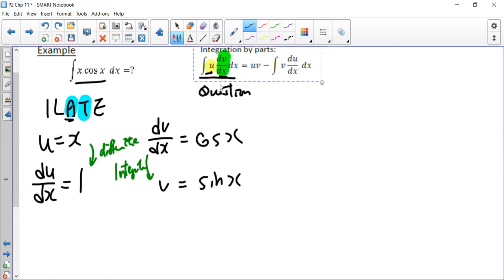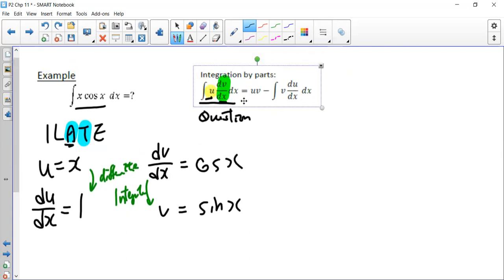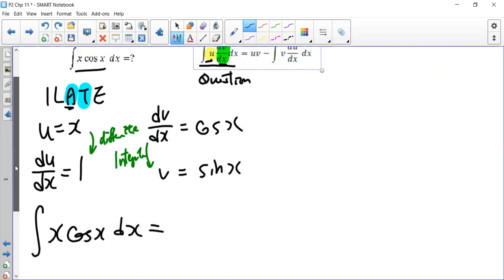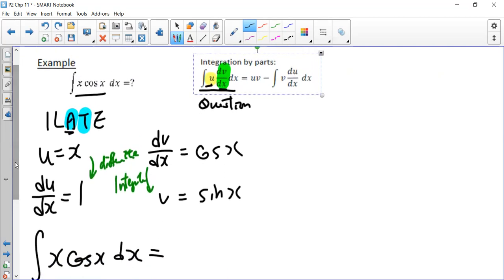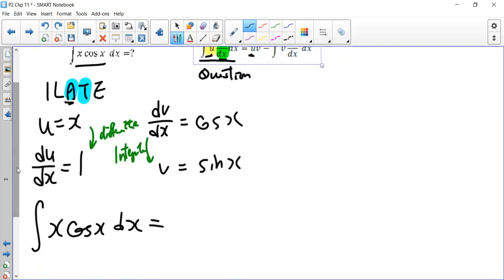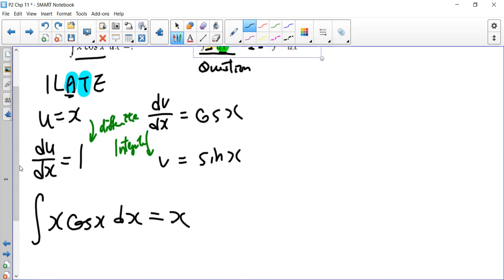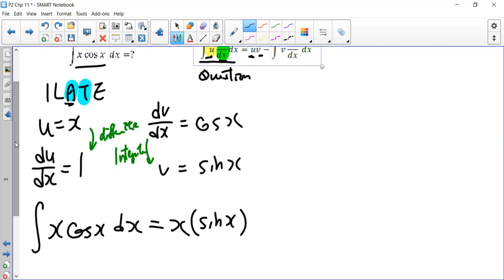The formula is the integral of u dv by dx, which is the left-hand side, the question. So the question is the integral of x cos x dx equals, now let's follow the formula on the right-hand side. u is x. Don't tell the English teacher, u is x. v is sin x. So uv, now put a bracket. I usually put a bracket when I multiply two different terms, just in case I multiply some negatives or more than one term in a bracket.